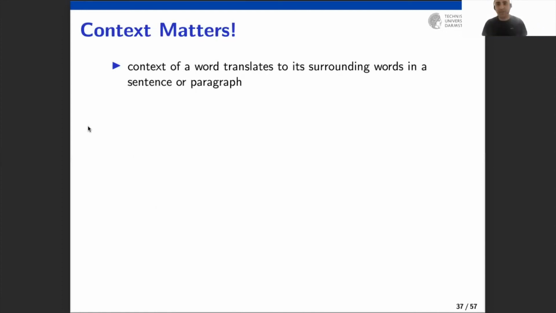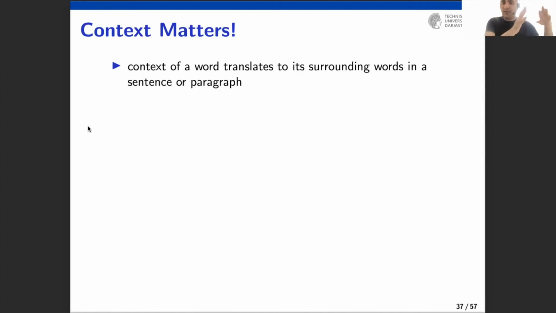But what would really be the impact of the context in obtaining word embeddings? The context of a word translates to its surrounding words in a sentence or paragraph. If you remember, we had the definition of context in some slides at the beginning of this lecture, where we had an example like the cat sat on the mat with the target word cat, or with the target word sat.